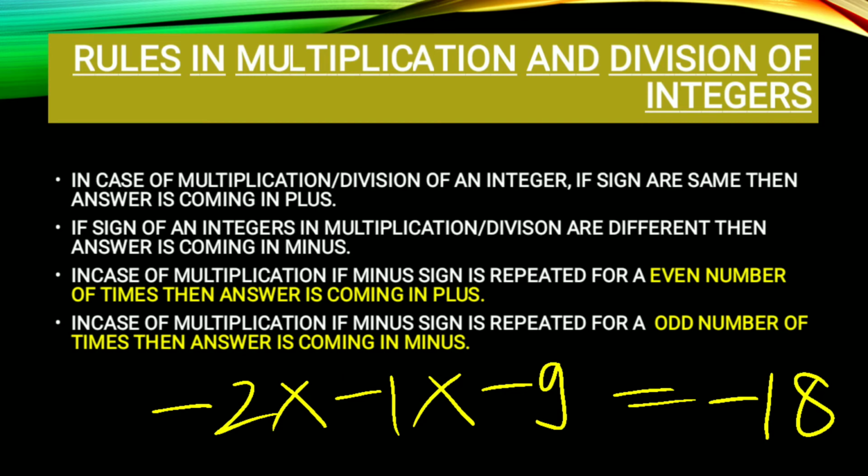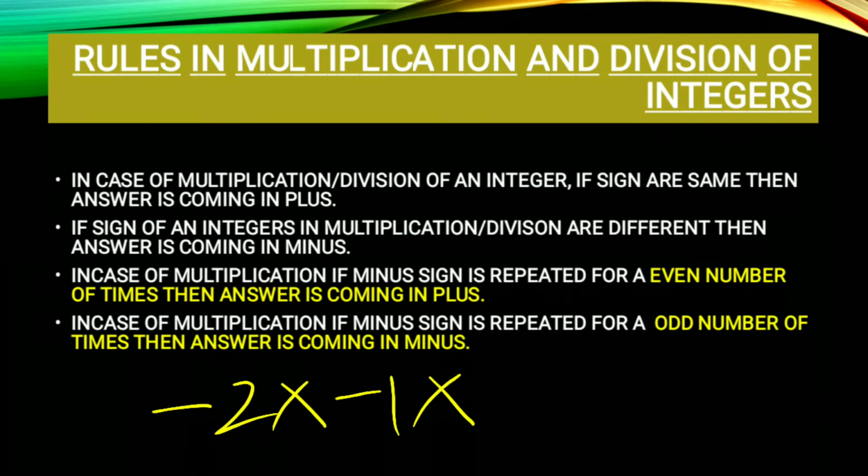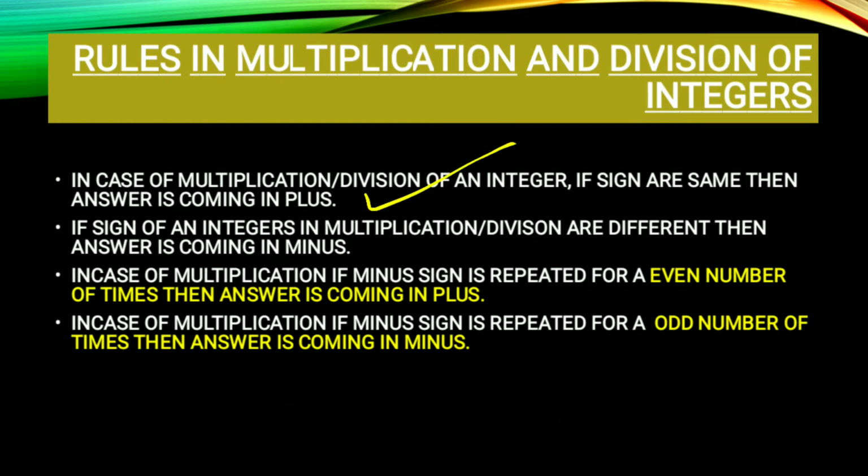Okay, so this is the way you have to remember. These 4 rules are there. If the signs of the integers are the same, in case of multiplication, the answer comes in plus. If the signs of the integers are different, the answer comes in minus. And these are the 2 more rules in case of multiplication. If the minus sign is repeated an even number of times, the answer comes in plus. And if the minus sign is repeated an odd number of times, the answer comes in minus.